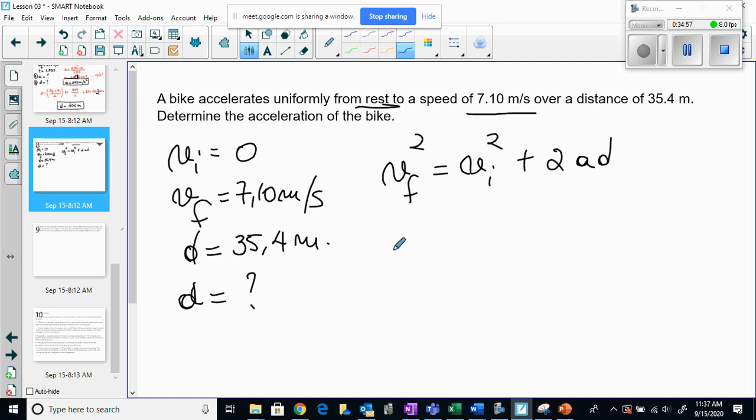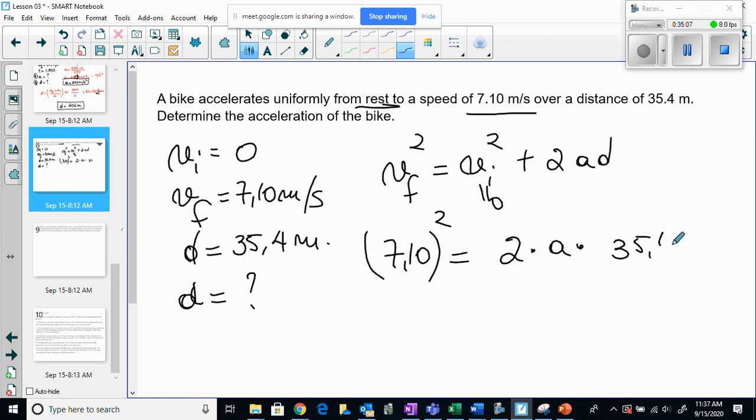So V final is 7.10 squared. This is equal to 0 plus 2 times A times 35.4. Divide both sides by 2 times 35.4. So those are canceled.